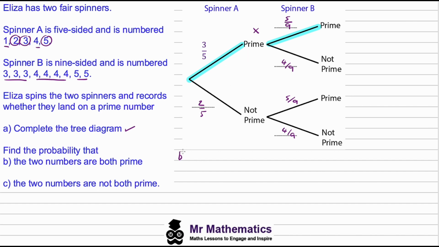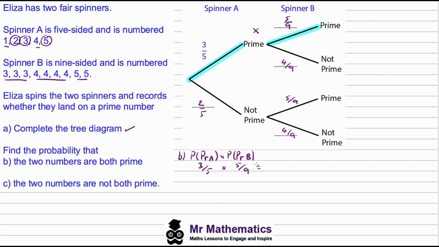So for part B, the probability of a prime on spinner A followed by a prime on spinner B will be the 3/5 multiplied by the 5/9. And we can work this out.